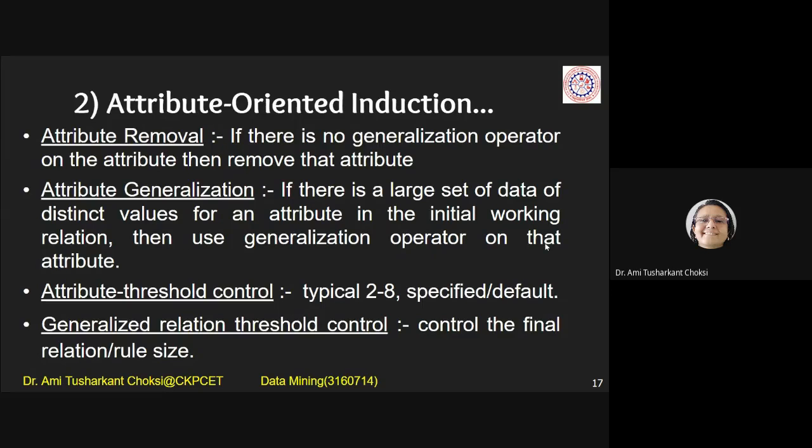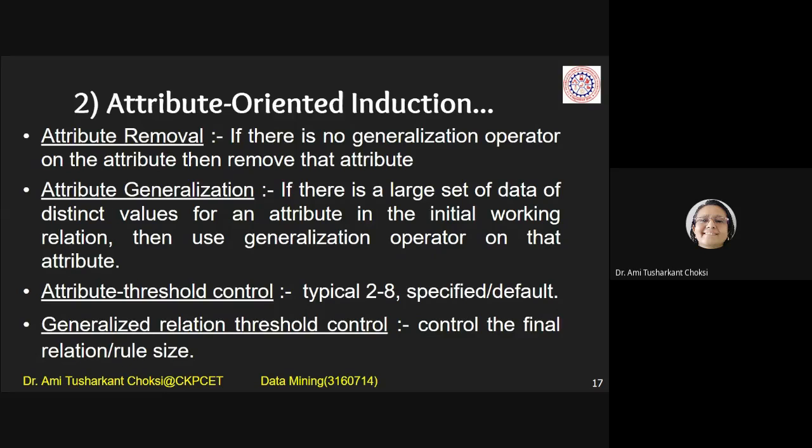What it says, if there is a large set of distinct values for an attribute in the initial working relation. What do we see? Attribute generalization. What are we doing in that?